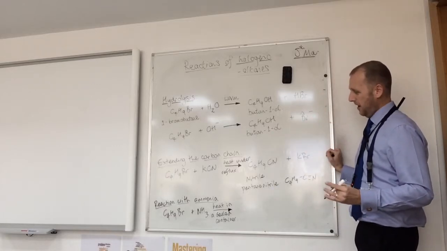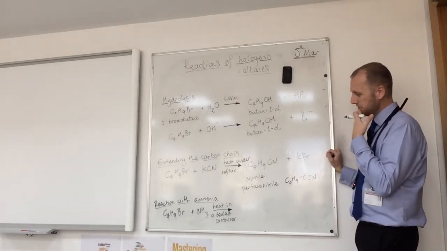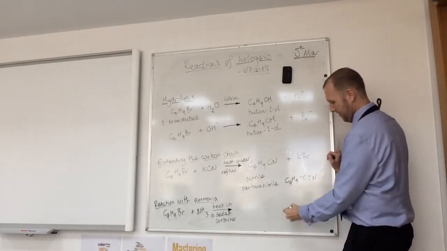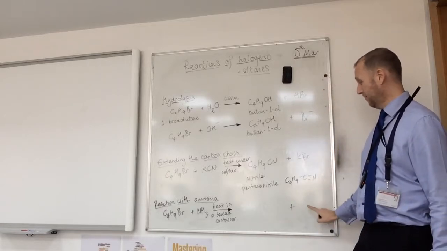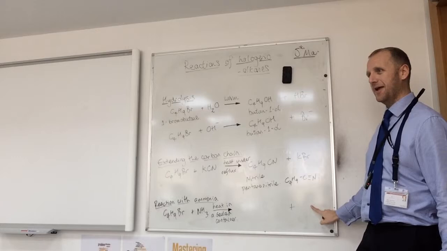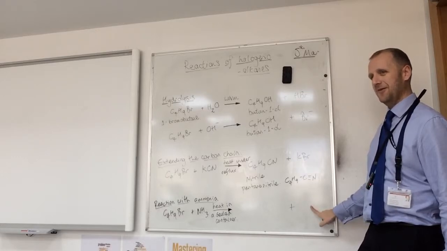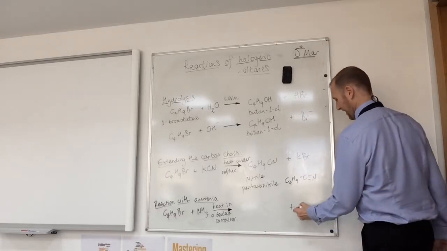Now, can anyone work out what's going to go on here? If we work out what our small product is, we can probably work out what the organic product is. The small product is HBr, exactly.